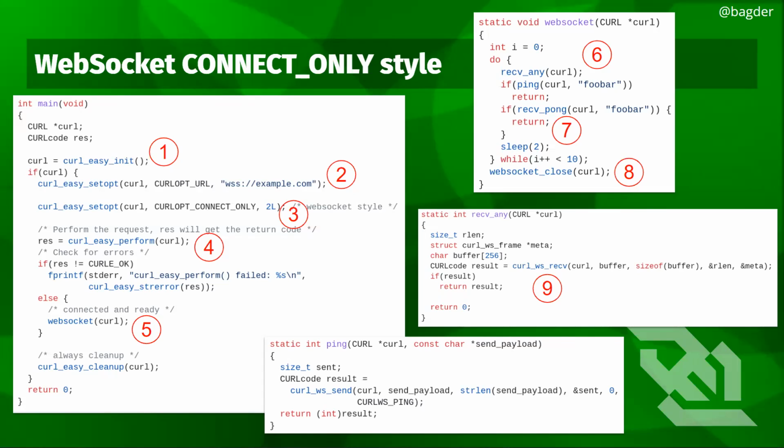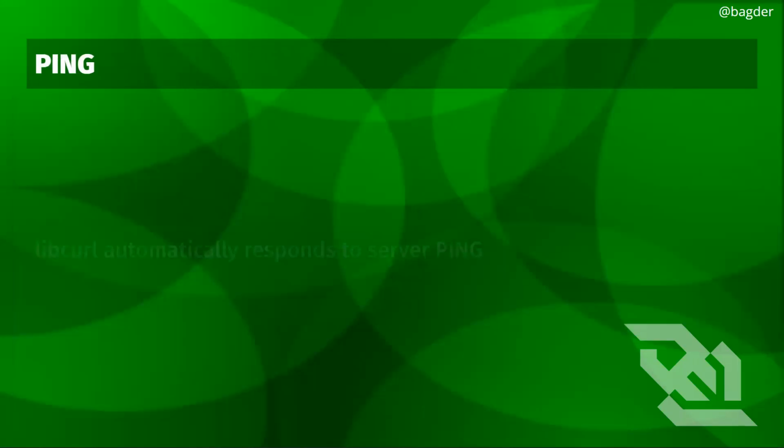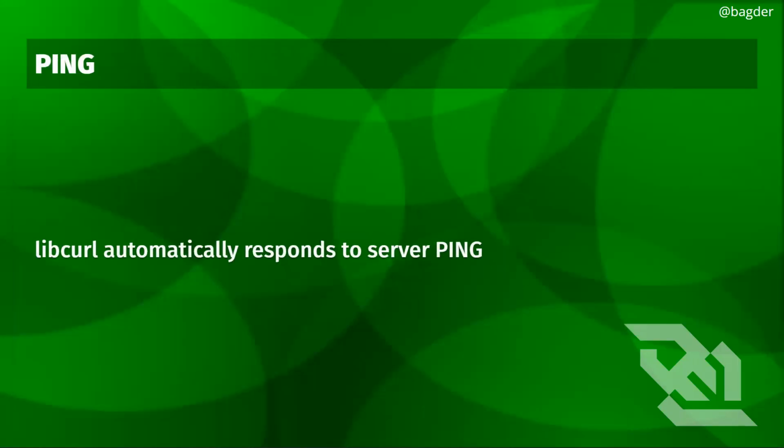Right, and you could then do the receive PONG in a similar way. I don't have that in my slide here. You can check that out because I have that as an example on the website. And if you download the source code today, you will get that example included.